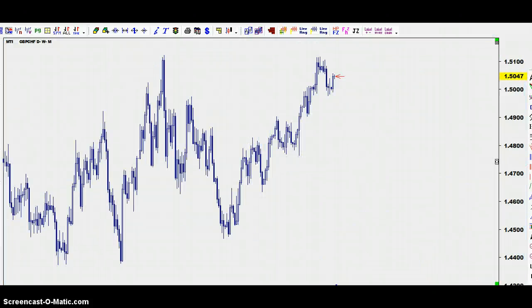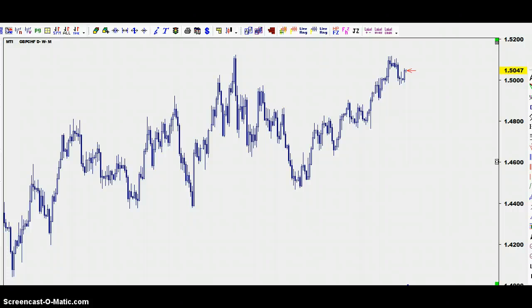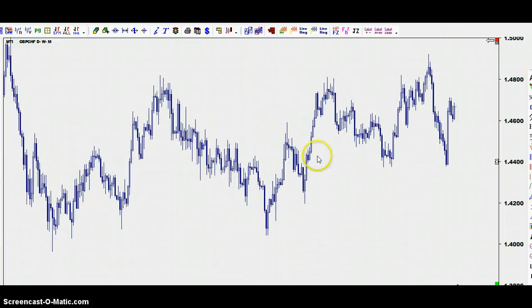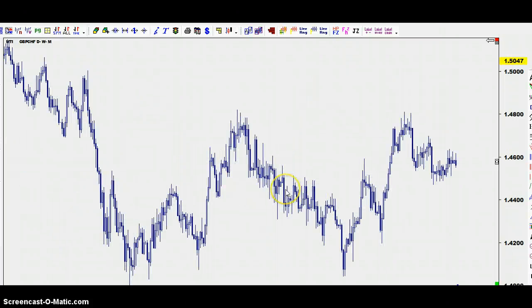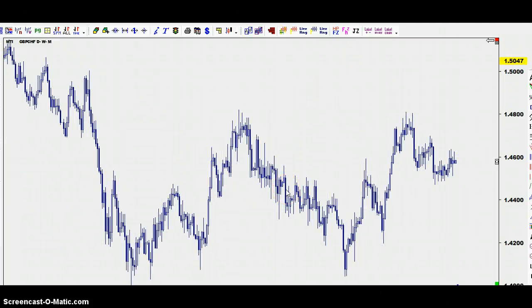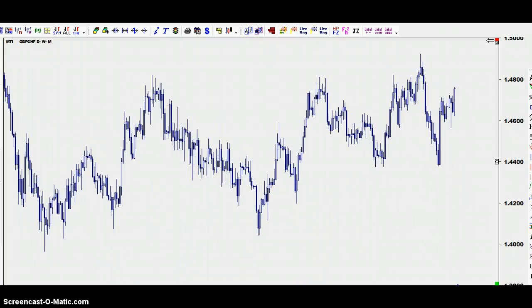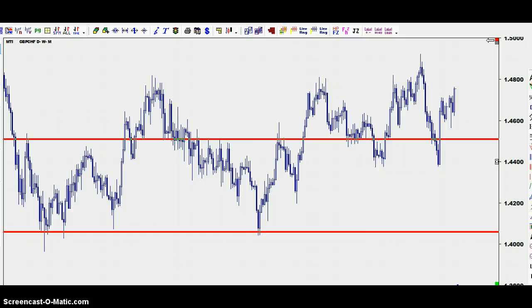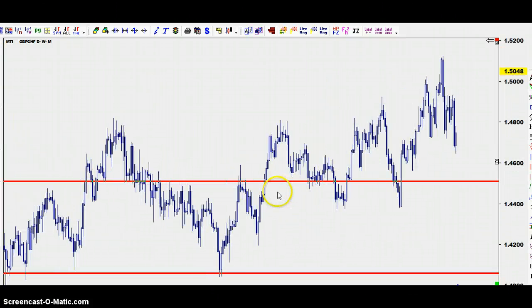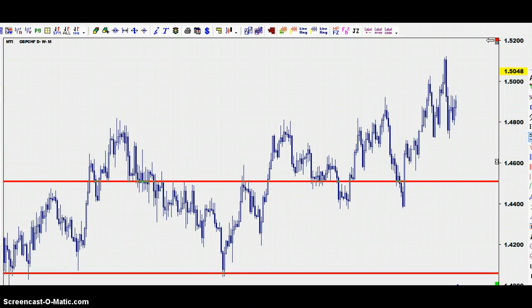But it's in that wedge, so it hasn't actually broken out of that wedge pattern, which says to me, be careful. But it's in the overall down move anyways on the monthly, so I'll hedge my bets on this one.